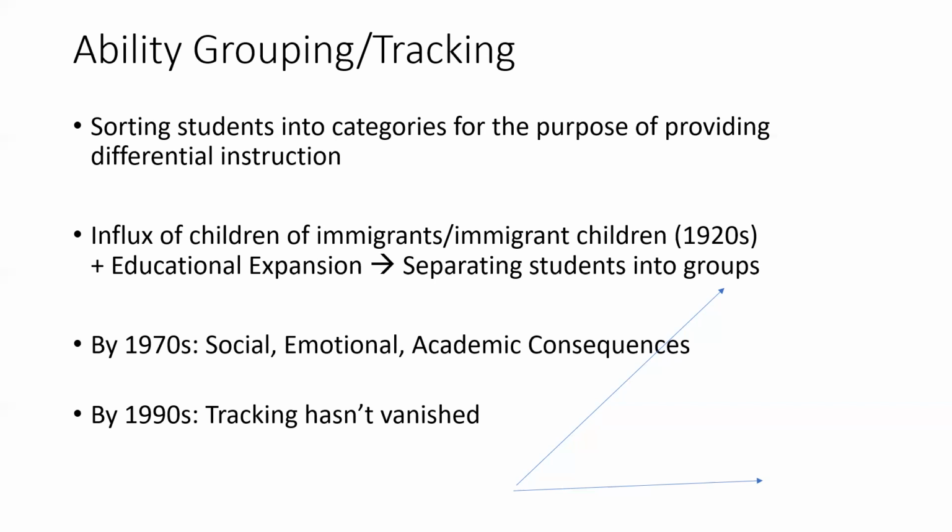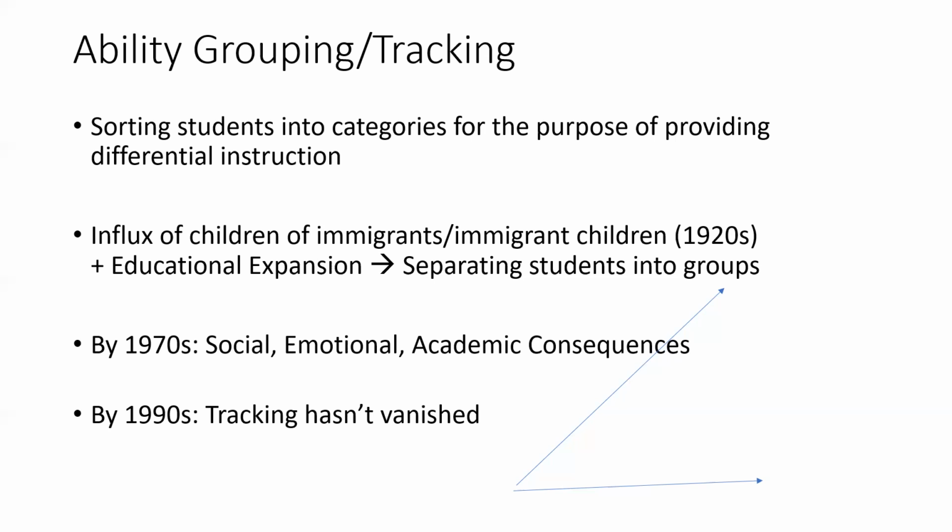And so there was more scrutiny of ability tracking. Also because the evidence was showing that once students were placed into these different tracks, as time progressed, we saw greater and greater differences in students' achievement based on their track placement.